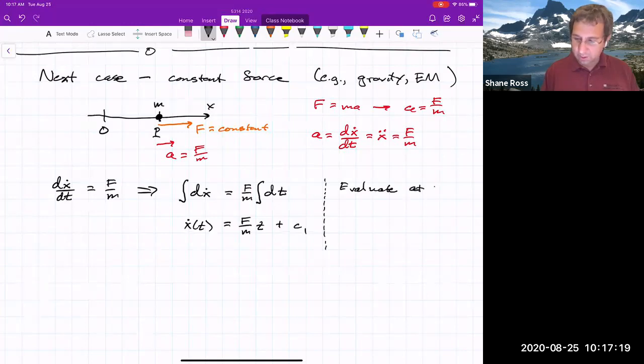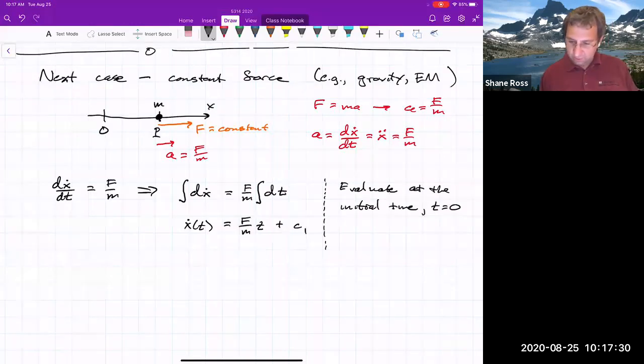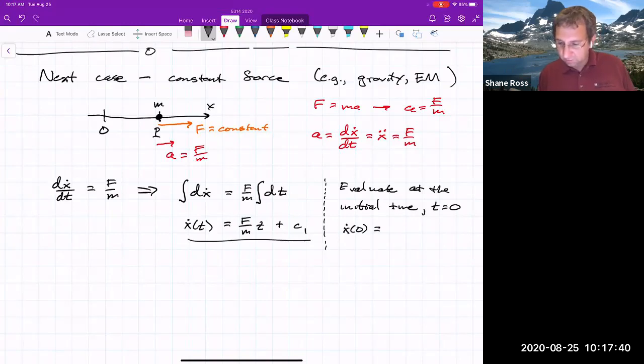So we'll evaluate at the initial time, t equals 0. And what does that give us? x dot 0. We're just evaluating this equation, putting t equals 0. So the F over m times 0, and then we get C1. Okay. So C1 equals the initial velocity.